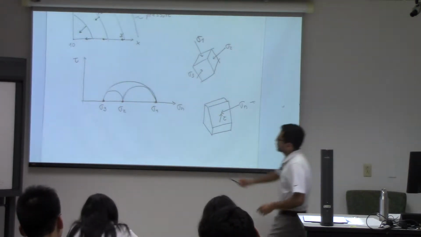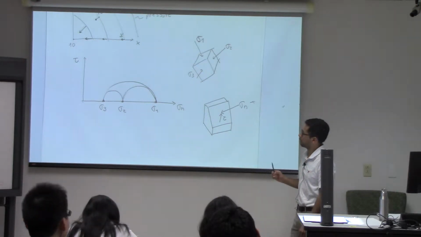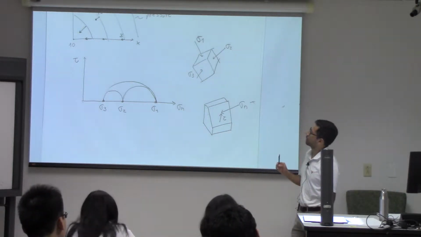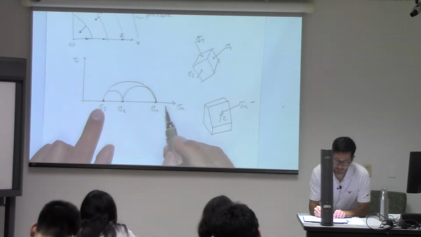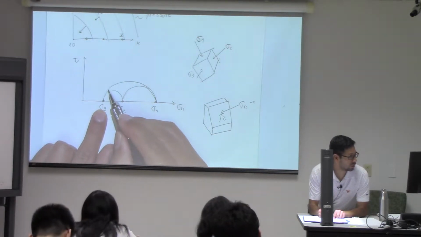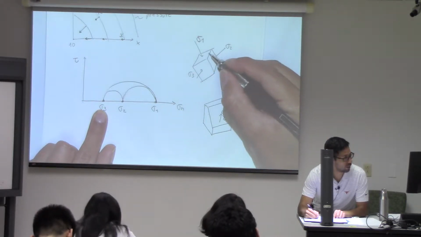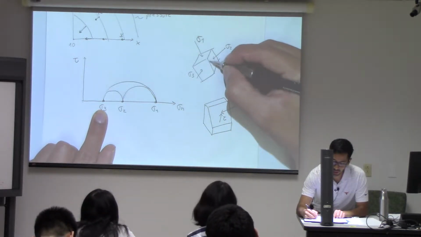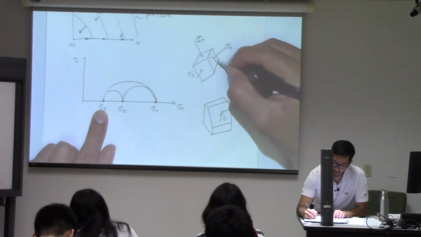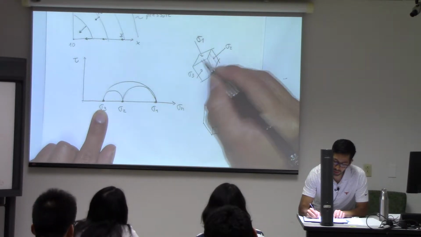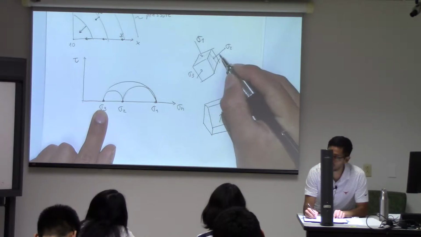But in order to understand what each of those circles are, it's not too difficult. This, for example, the circle between sigma 1 and sigma 3, it's all the possible state of stresses between the plane sigma 1 and the plane sigma 3 with planes that cut that cube and contain the direction of sigma 2.